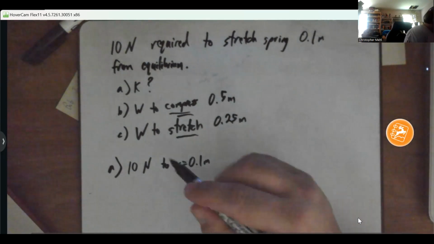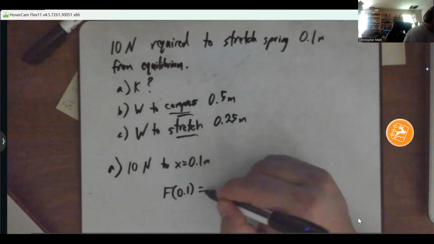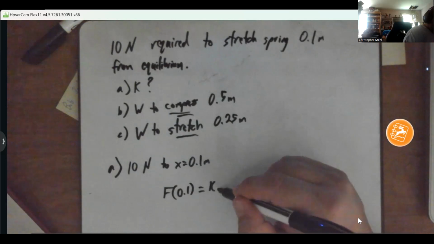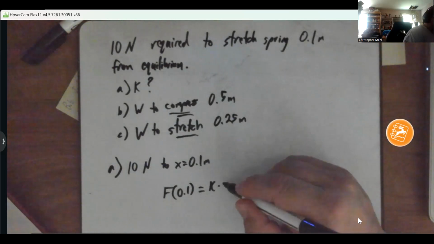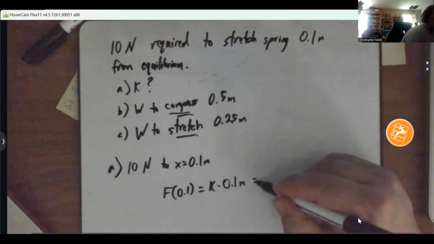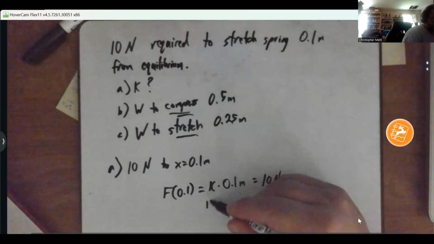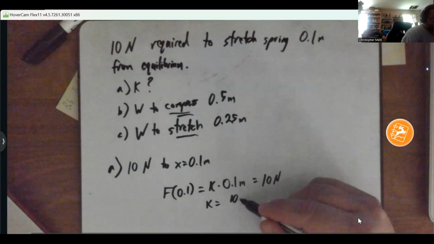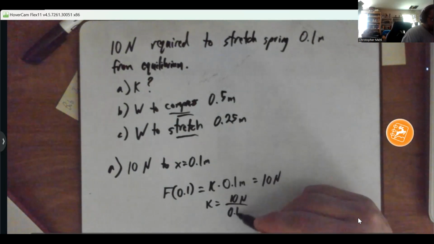And so the force at 0.1 meters is going to be k times 0.1 meters, and that is 10 newtons. And so k is going to be 10 divided by 0.1 meters.